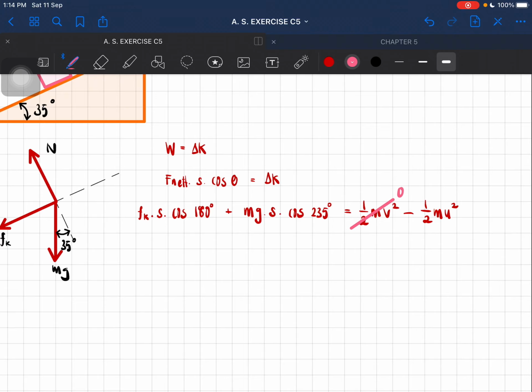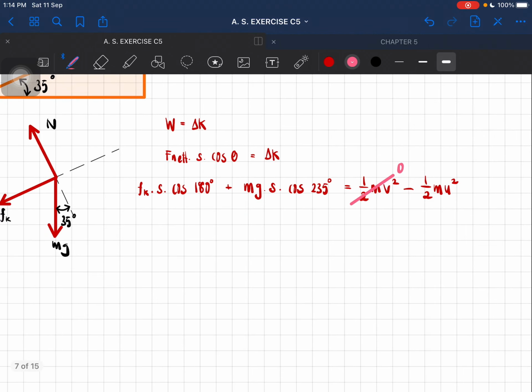Okay, then now we can continue solving this problem. So we know that F friction is equal to mu kn, so s cos 180 degrees plus mg s cos 235 degrees equal to minus half mu squared.